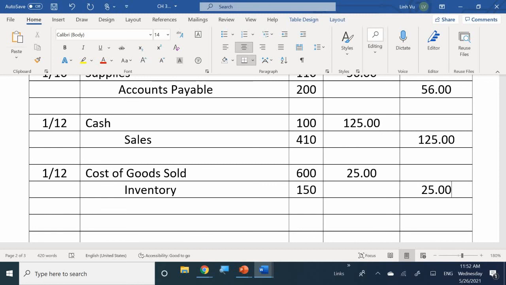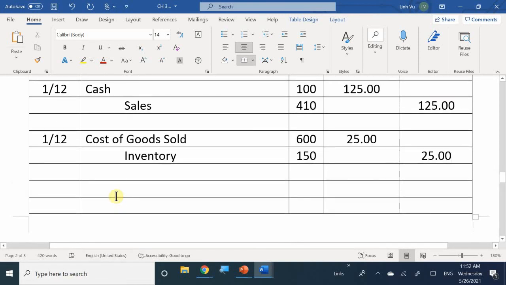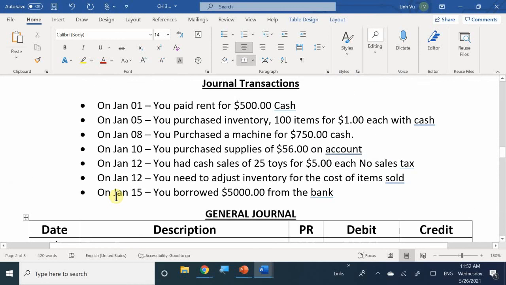So I'm going to be taking away $25 from inventory because that's 25 times $1, and that's what it cost me to sell those items. Okay? And yes, let's do the last one.